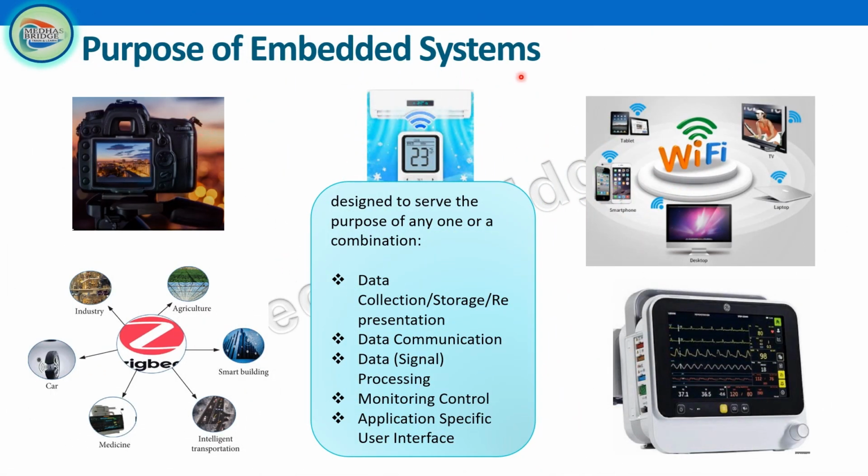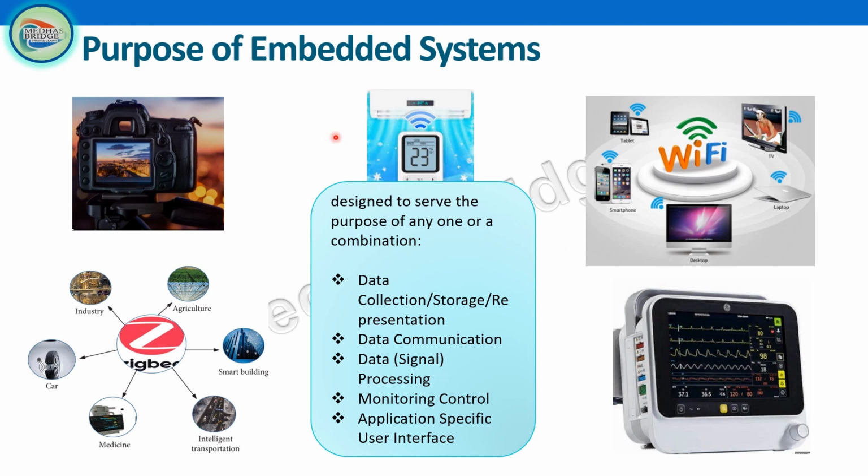The purpose of embedded systems. Embedded systems are used for data collection, storage, and representation. They are also used for data communication. We might see embedded systems used for data processing, like signal processing. We can use them for monitoring and control.